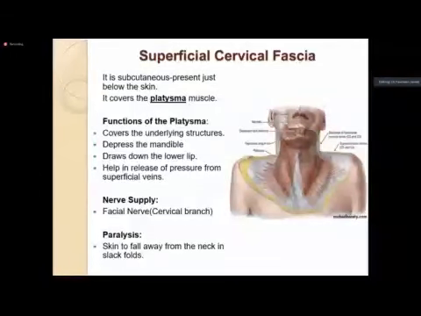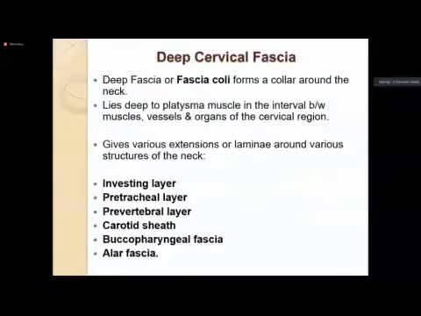Then after this superficial fascia, we have the deep fascia, which is very, very important from the clinical point of view. If you have this concept, everything will feel easy. There are many MCQs in the head and neck region that focus on the deep cervical fascia. Deep fascia is also called fascia colli, and it forms a collar around the neck.